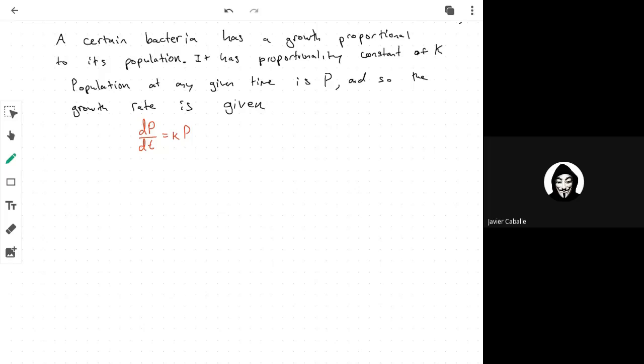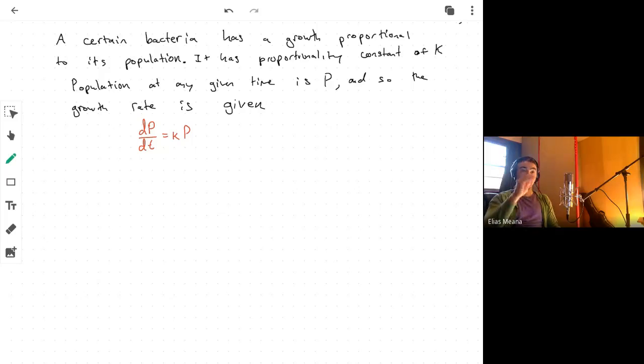Could we instead of using that, use the triangle that indicates rate of change, or just delta? Yeah, it does mean a different thing. The only thing that's different, so you could say delta P over delta T equals KP. The only problem with this is that this is not continuous, right?